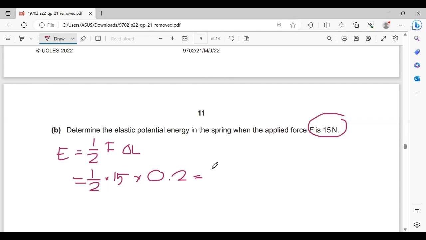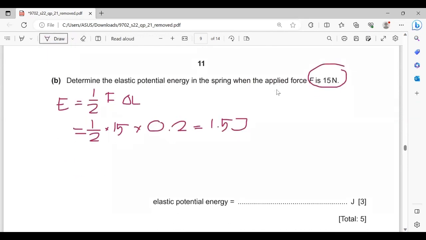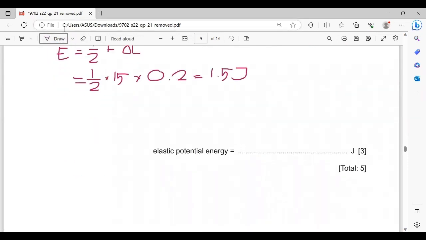If you calculate, it becomes 1.5 joule. So the answer here is 1.5 joule.